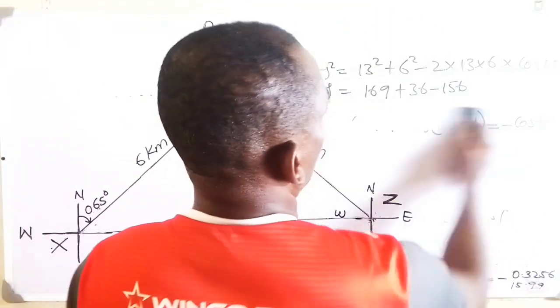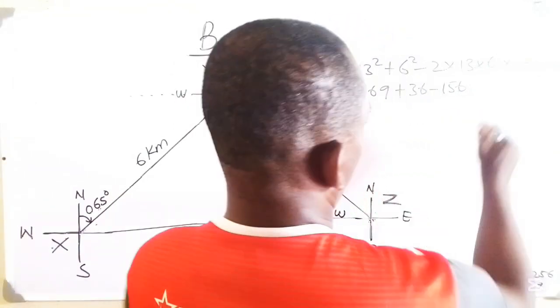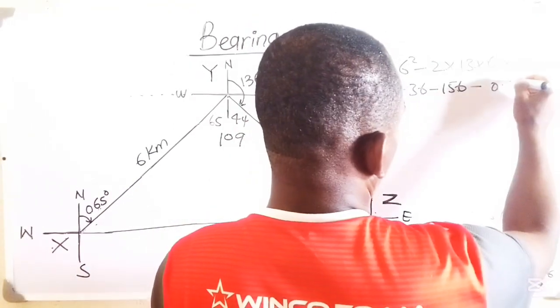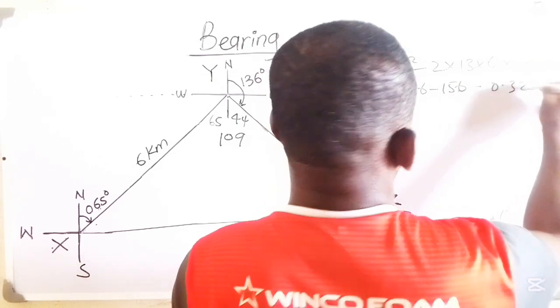So cos 71 is 0.3256, and here cos 109 is minus 0.3256.